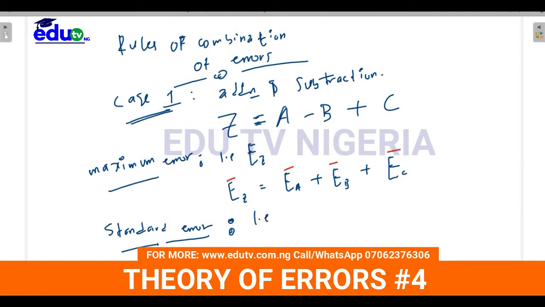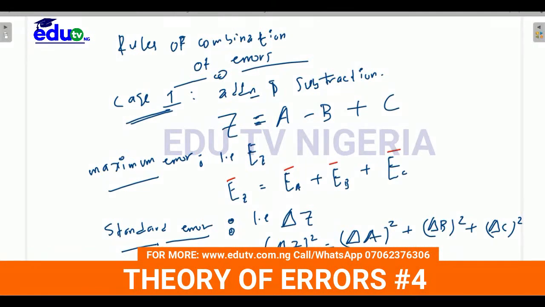Standard error in z squared equals delta a squared plus delta b squared plus delta c squared.